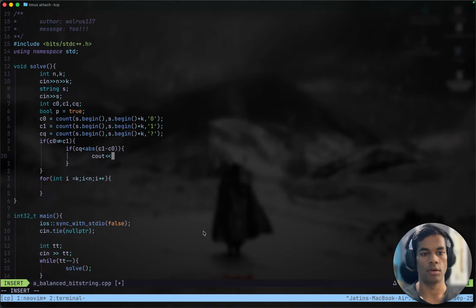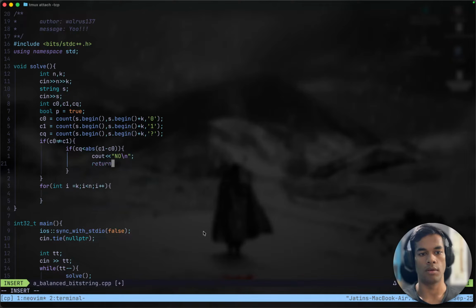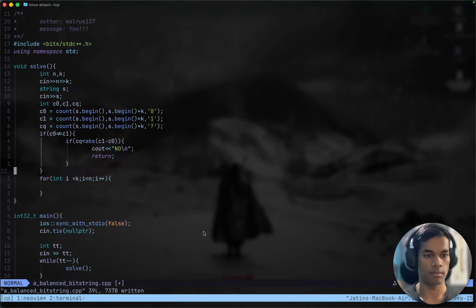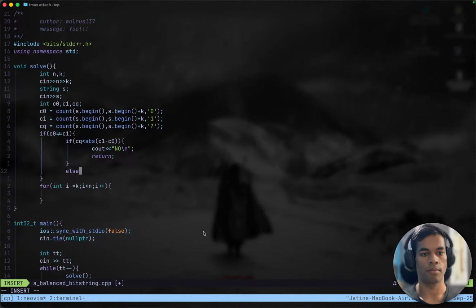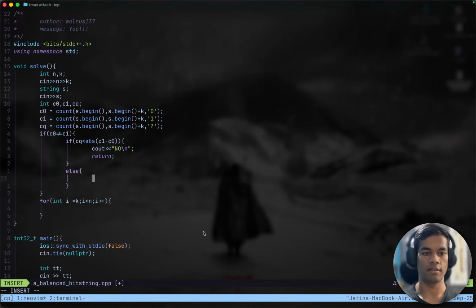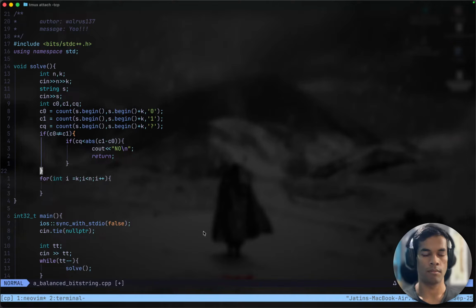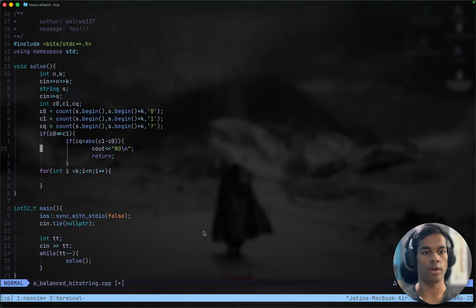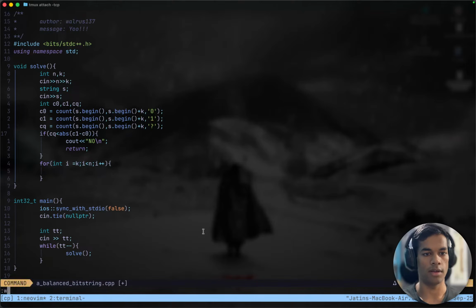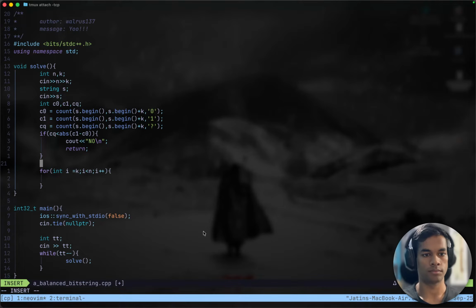I can just cout no and return from the function. Else, wait, I can do this anyways. cq minus equals the absolute value of c1 minus c0.